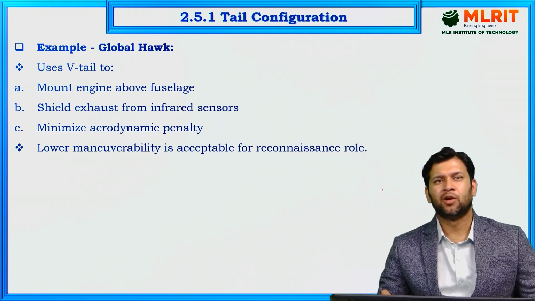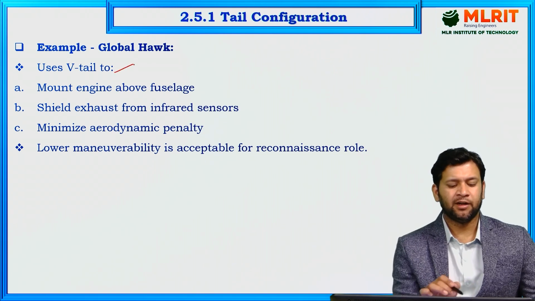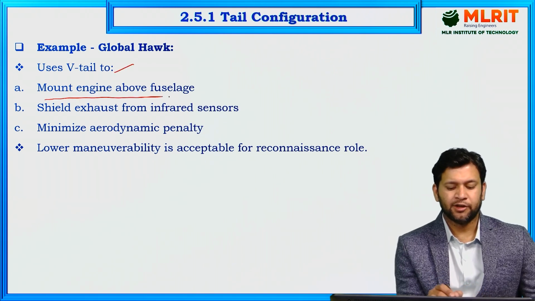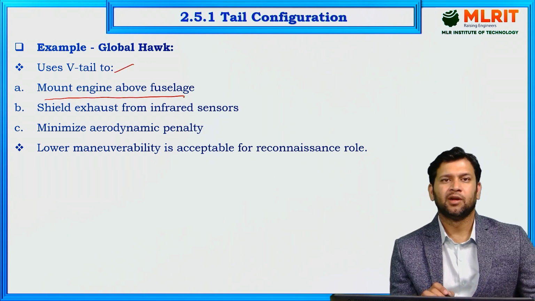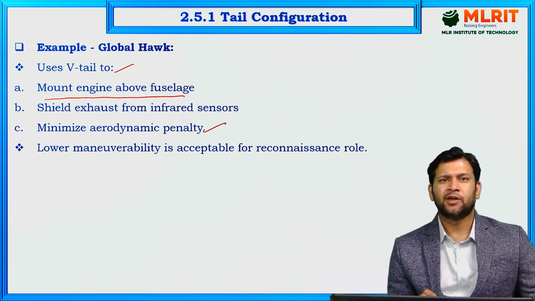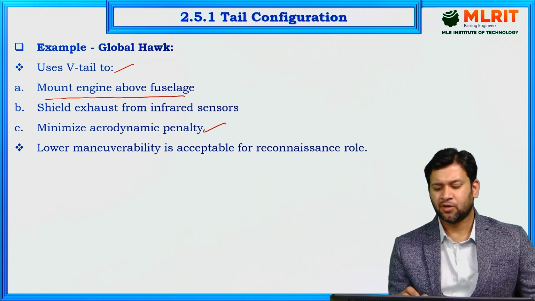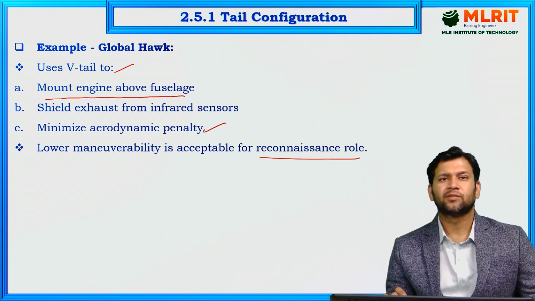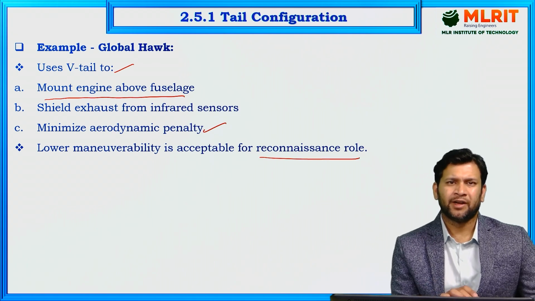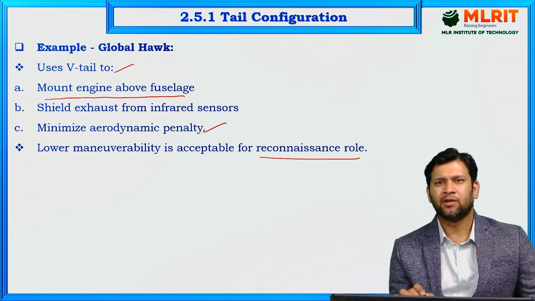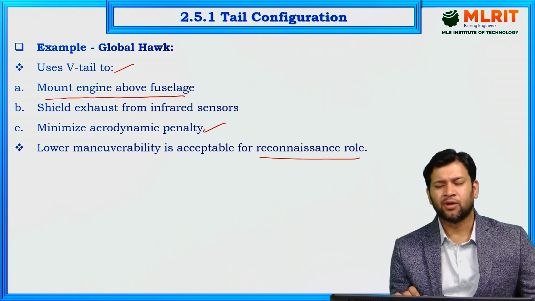Example, Global Hawk uses V-tail to mount the engine above the fuselage. It shields exhaust from infrared sensors. It minimizes aerodynamic penalty, and it lowers maneuverability, which is acceptable for reconnaissance role. It has very low maneuverability as it will be having the role of reconnaissance.